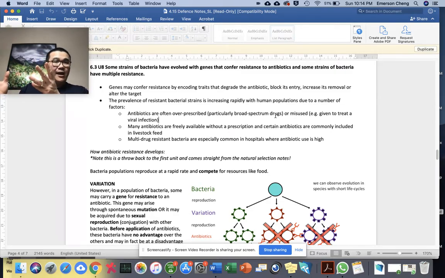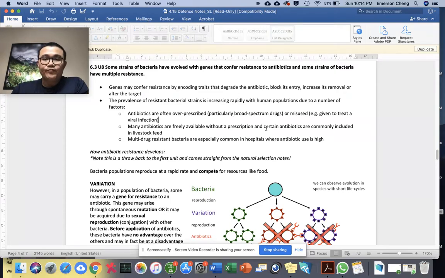They don't really care what type it is, but they will kill a whole bunch of them. Versus narrow spectrum antibiotics, which focus on a few different variations of bacteria. So basically one kills every microbe versus a few smaller types.